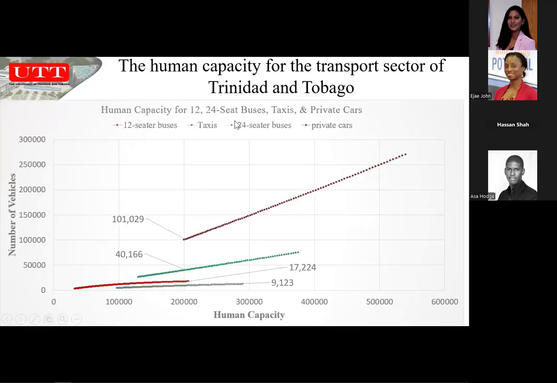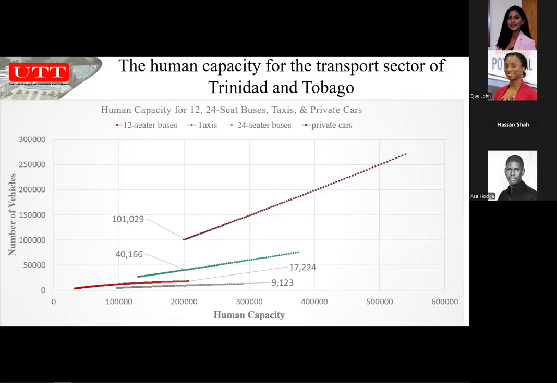So here, we simply have a graph that shows private vehicles being the first line. The second line represents taxis. The third represents 12-seater maxi taxis. And last, we have 24-seater maxi taxis.